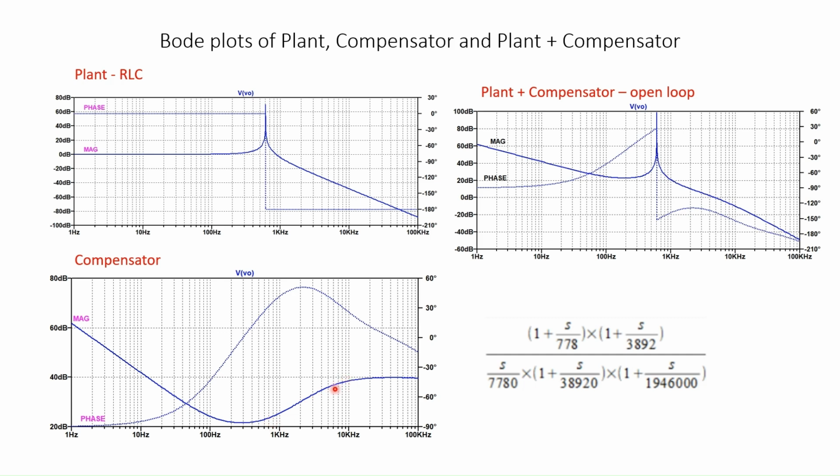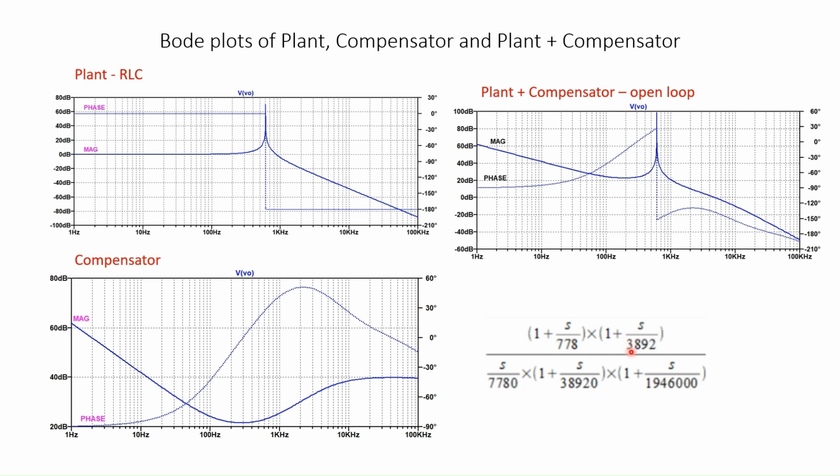Because of this 20 dB per decade, which will be added to the RLC Bode magnitude, the 40 dB per decade will become 20 dB per decade, because this is 20 dB per decade increasing and here 40 dB per decade decreasing, so the net will be 20 dB per decade. That's why we are given a zero here, to reduce the slope when it crosses 0 dB.